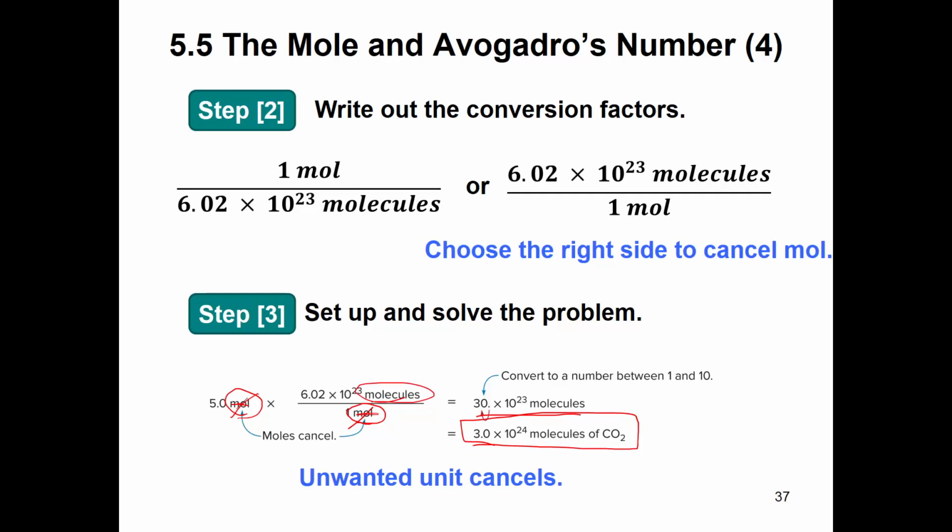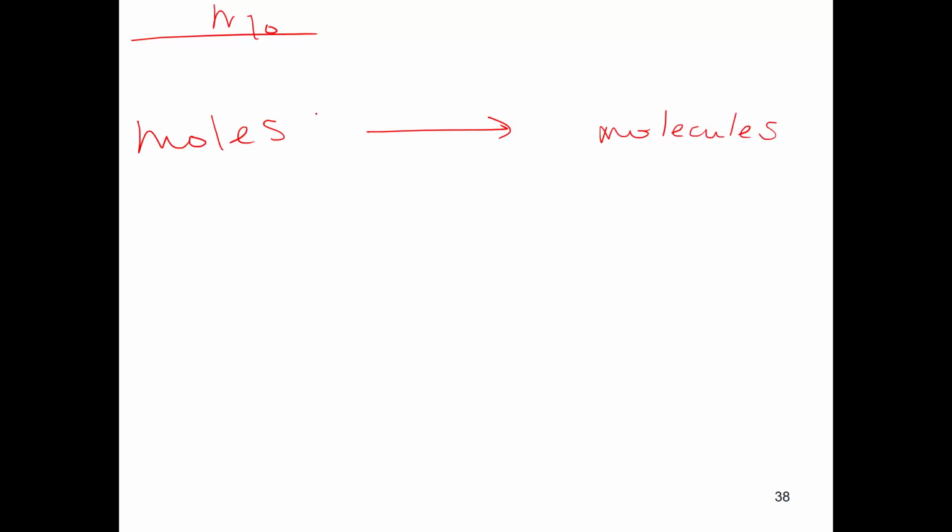Moles and molecules are related by Avogadro's number. So if I want to go from moles, sorry, I wasn't watching what I was doing, moles to molecules, I'm going to use Avogadro, and I'm going to say there are 6.02 times 10 to the 23rd molecules or atoms, which depends on what I'm asking you for, in 1 mole.